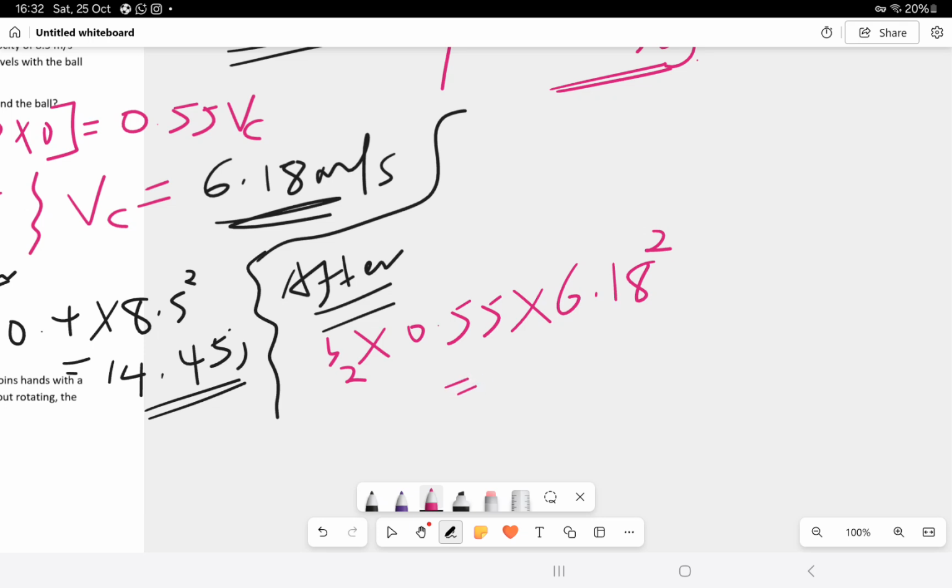And what do you get in this case? Easy peasy, lemon squeezy. So it's a half times 0.55, multiplied by 6.18 squared.